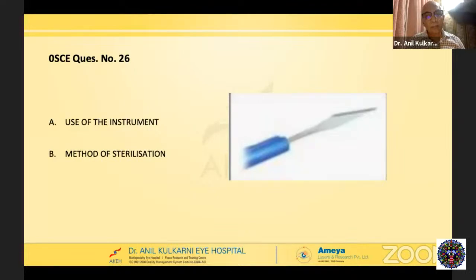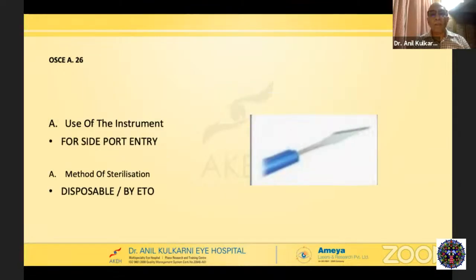26. This is a side port entry blade, and regarding sterilization, frankly speaking, they are disposable, but sometimes they can be re-sterilized by ETO.